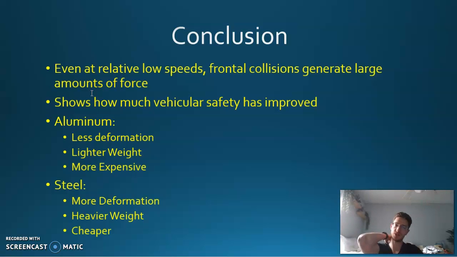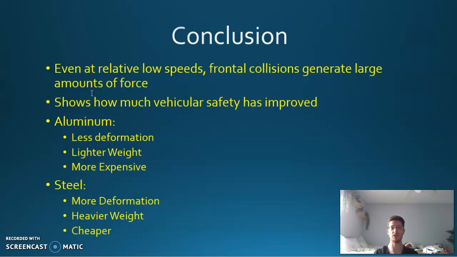It makes an interesting point of comparing both materials and how they performed. So aluminum had significantly less deformation than steel. However, it is also significantly more expensive to produce than steel, but on the other hand, it's significantly lighter.